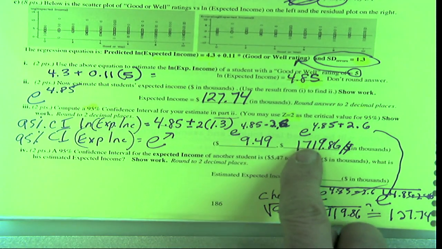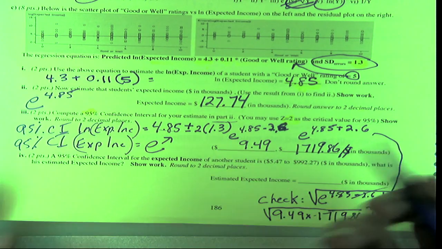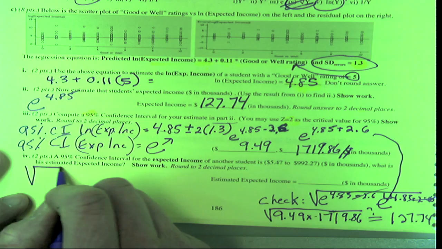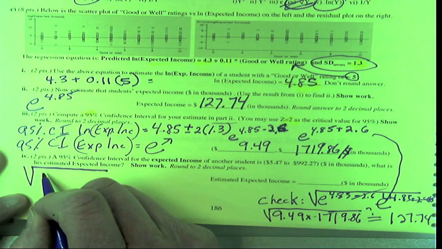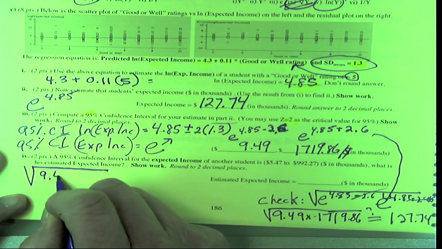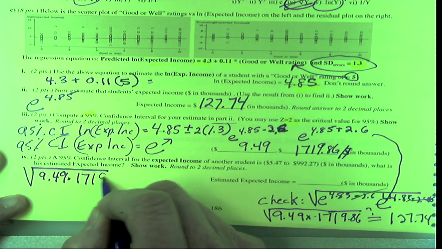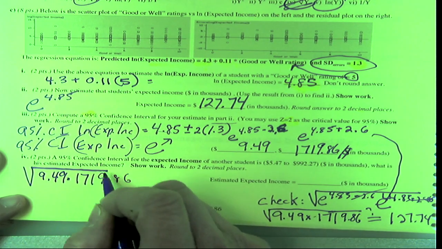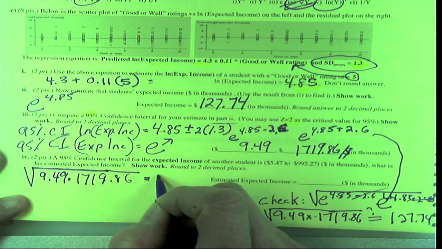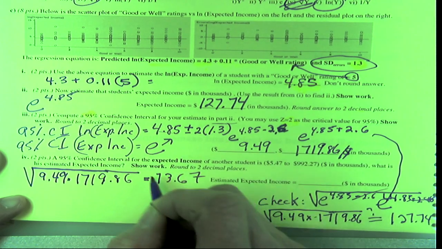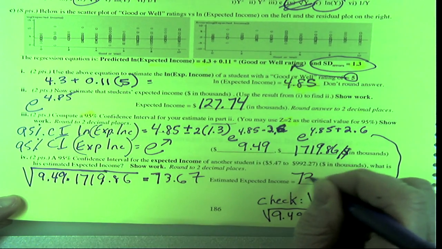But what is it? Well, if you take the geometric mean instead of the arithmetic mean, you'll get the answer. And I got 73.67. So that's what goes in here.